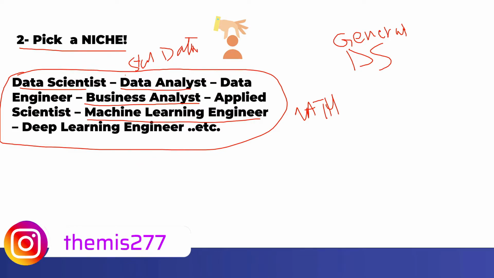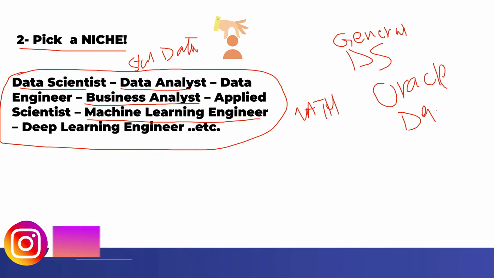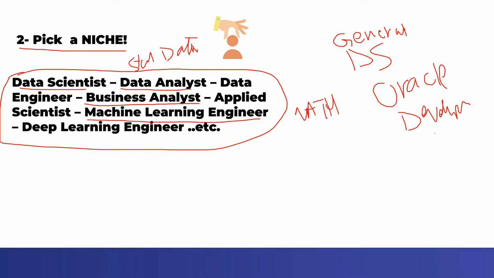I had a student who was an Oracle developer, and he had a bunch of certifications from Oracle, OCA, OCP, whatever. And he was like, I love databases, and I heard about this data science term, and I was like, why not become a data scientist? I mean, I'm still using data. So when I started asking him, it turned out he was already good at managing databases and data warehouses and stuff like this.